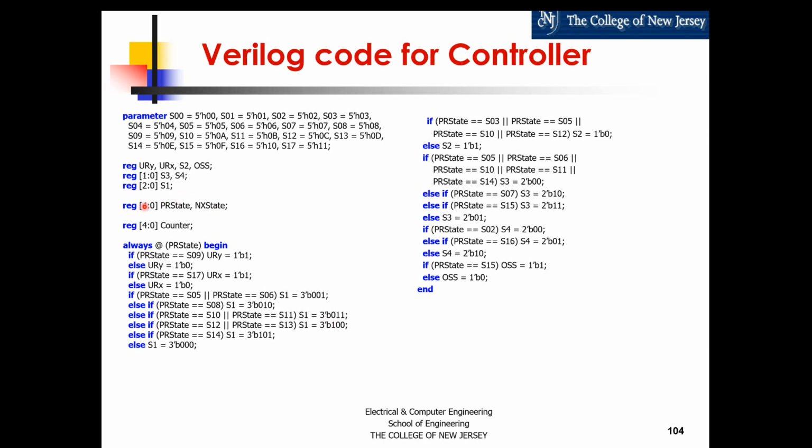So I'm going to declare the present state, which is actually the output of the state register, and the next state, which is the input to the state register. And since I have 18 states, I need at least 5 bits.